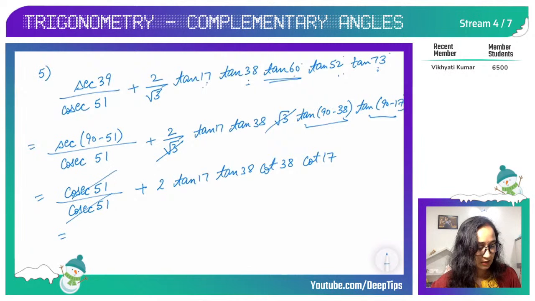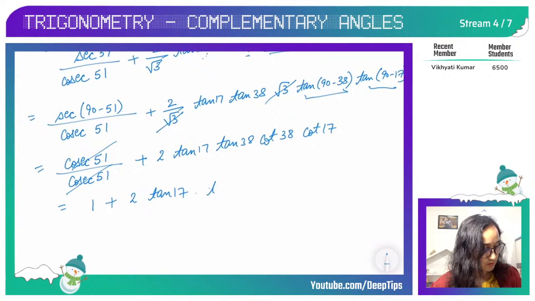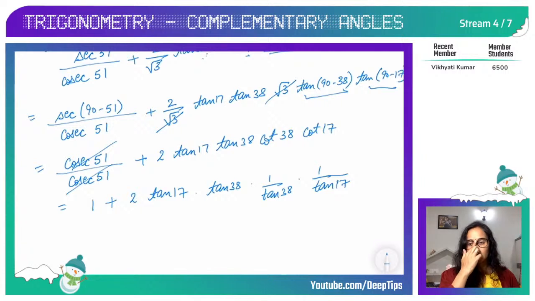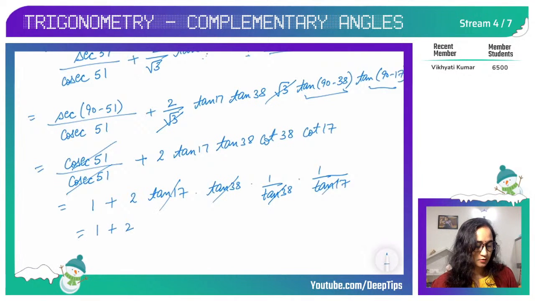So here it is 1 plus 2 tan 17 into tan 38 into 1 by tan 38 into 1 by tan 17, because I know that cot 38 can be written as 1 by tan 38, so they get cancelled here. 2 into 1 gives me 2, 1 plus 2, which implies my answer is 3.